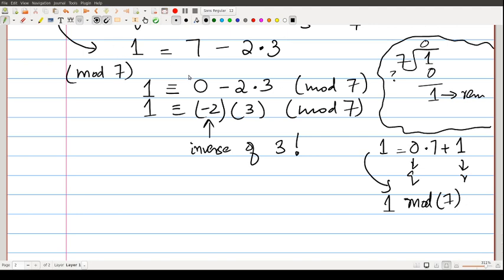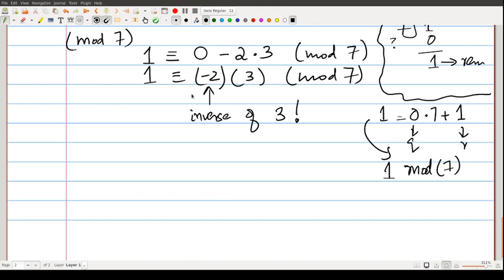Okay, sir, I don't get the last part only. Why did we not make it minus 6? Well, it's actually minus 6, but it's more informative to keep it as minus 2 times 3. Of course, 1 is congruent to minus 6 times 3 mod 7, this is true.